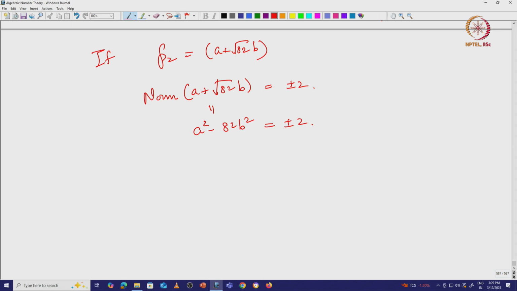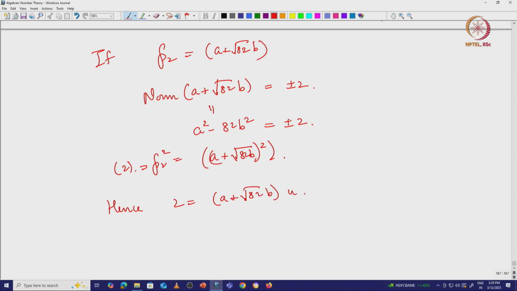So, what we are going to do is say okay, P2 square will be generated by a plus square root of 82 b, square, but this is also generated by 2. So, hence 2 is equal to a plus square root of 82 b, squared, times u, where u is a unit in O_K cross.